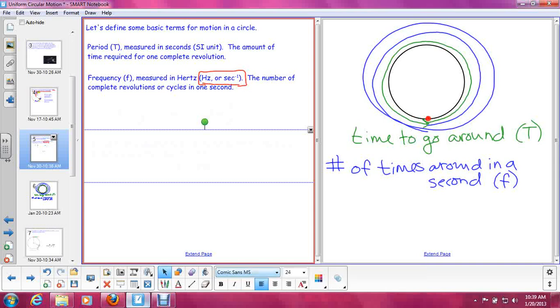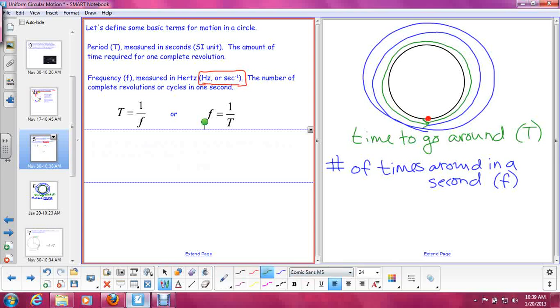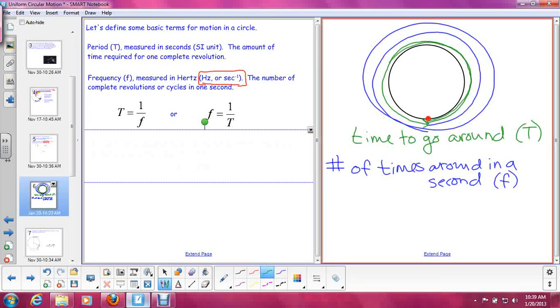And it turns out that period and frequency are related. They are the inverse of one another. So, if it takes half a second to go around, that is our period. Our period is half a second.